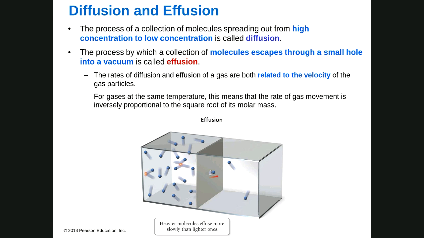This is kind of a cool concept here. We've talked about diffusion before, okay, and we saw diffusion in liquids also. Diffusion is just where the molecules, due to their molecular motion only, are going to spread out, and they're going to go from high to low concentrations until it's all the same.